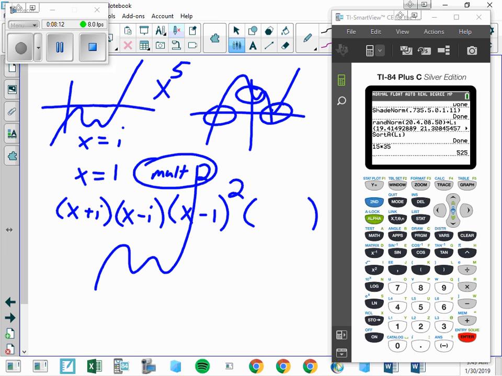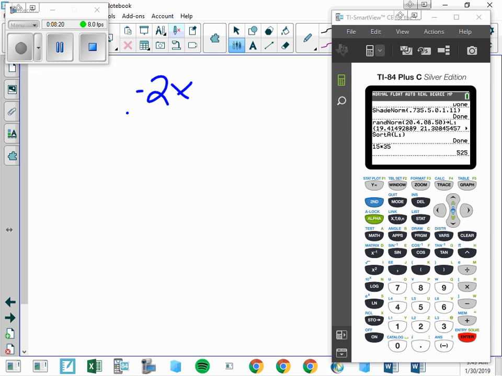Okay, 10. So number 10, I'm just going to do this one. Negative 2x over x times x minus 10. So the x's cancel. What does that mean? What happens at x equals 0?